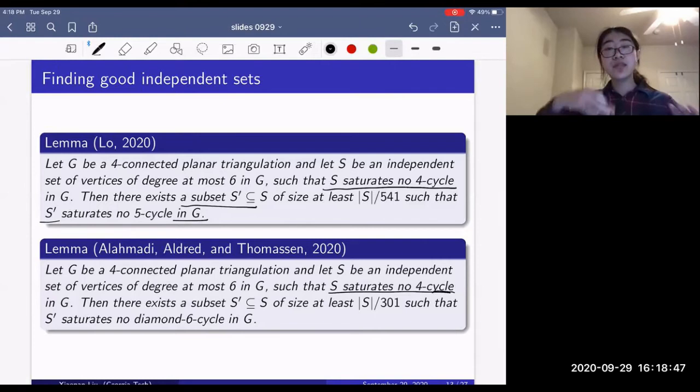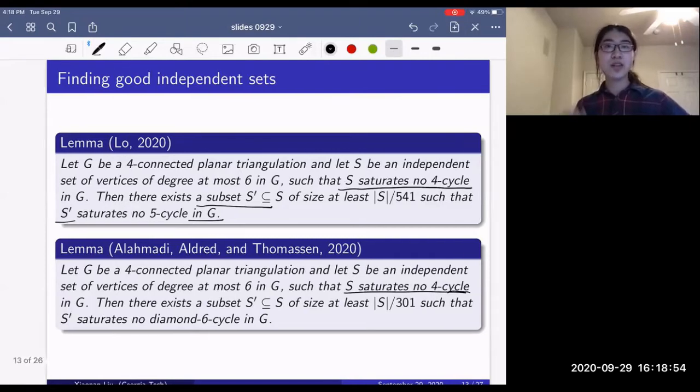So if we have these two lemmas, our goal is to find an independent set that saturates no 4 cycle.